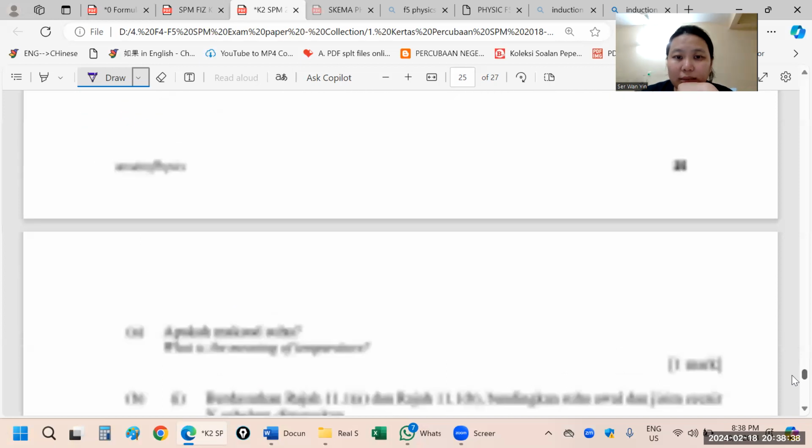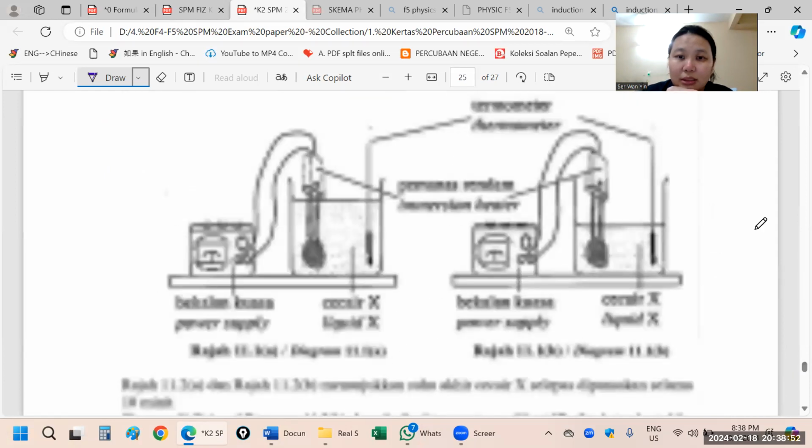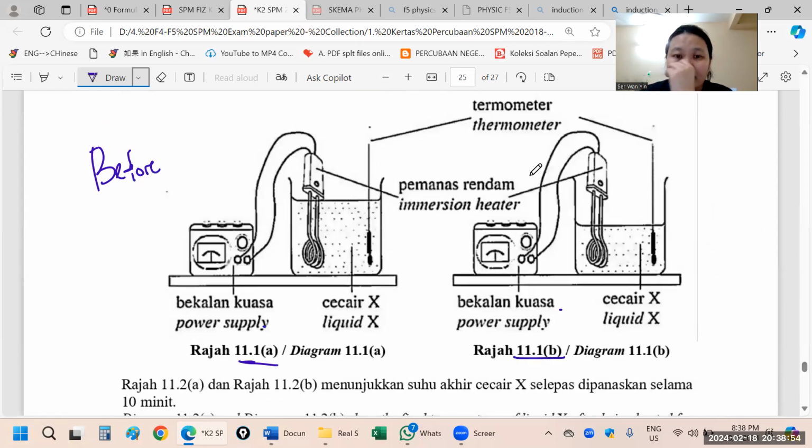Okay, and see what, based on 11.1A and 11.1B, compare initial temperature and mass of liquid X before heating. So let's see. Temperature before, the same.